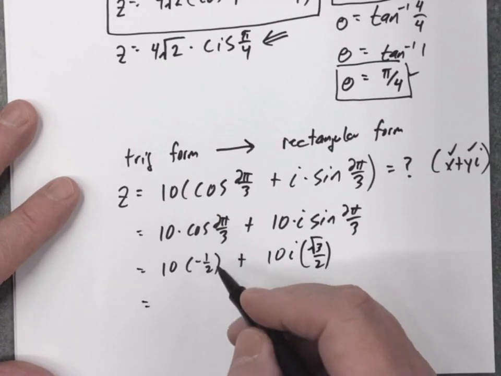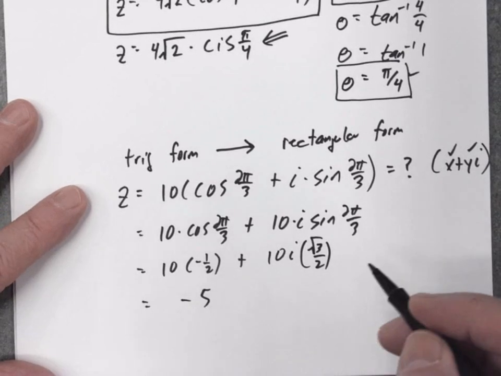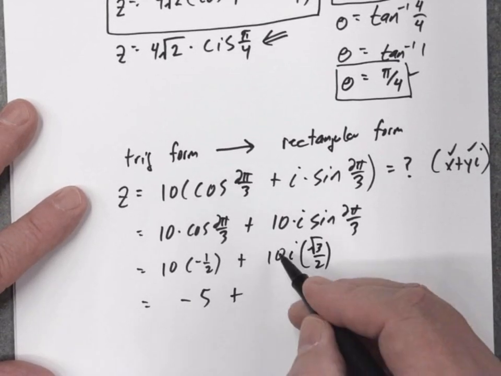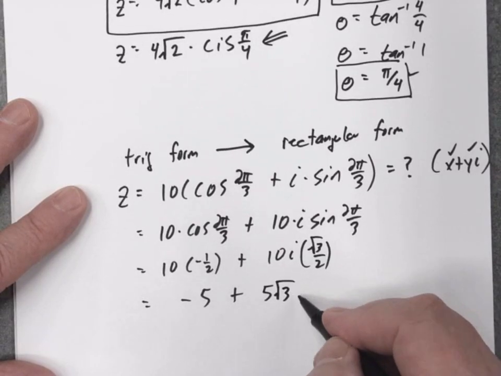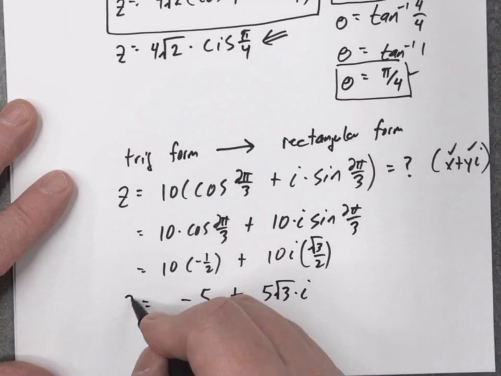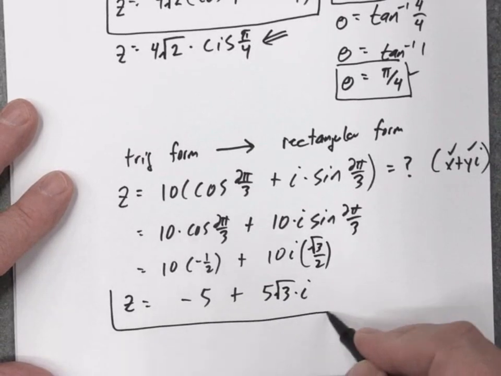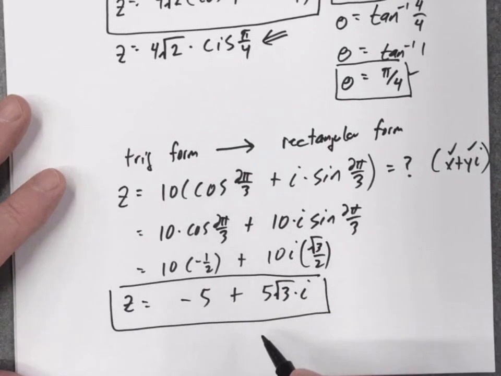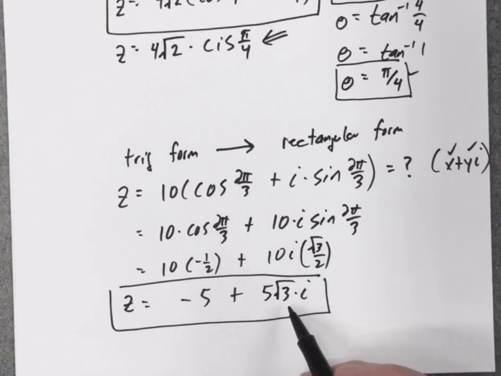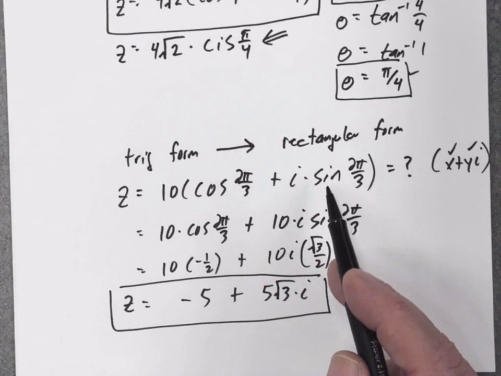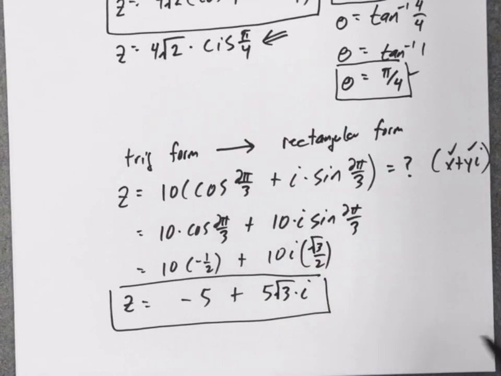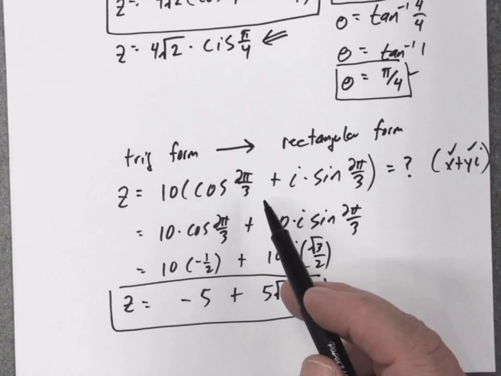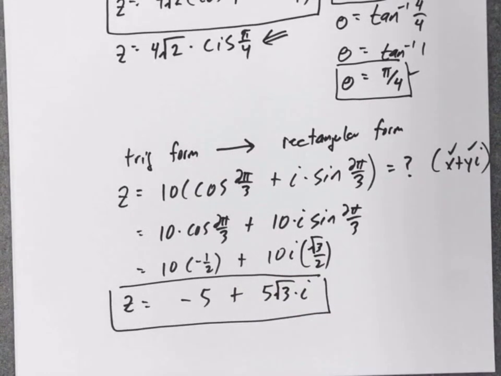So you keep doing this. 10 times negative 1/2 is negative 5. So 10 over 2 is 5. So I bring the numbers up front. And this would be the rectangular form of this complex number in trigonometric form. So this is really not very hard. You just multiply out the parentheses.